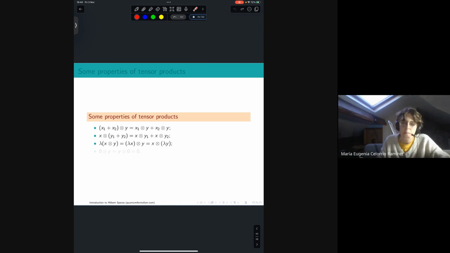When we multiply them by scalars, things work out really nicely. So lambda times x tensor y, we can write this as lambda x tensor y or x tensor lambda y. And when we tensor by the vector 0, we just get the tensor 0.